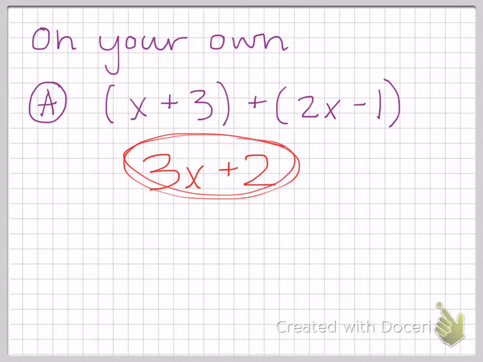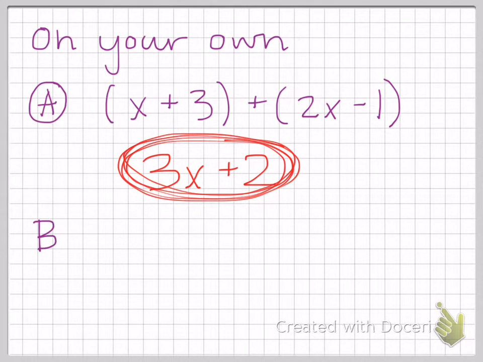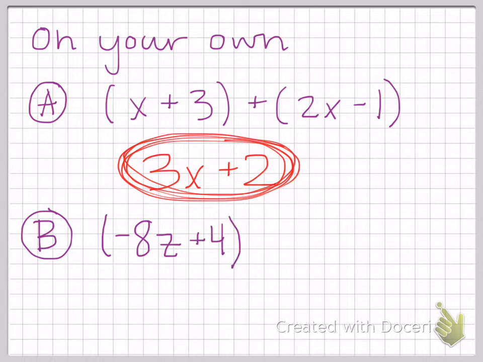Raise your hand if you got that. High five yourself if you got that. Very good. Okay, let me give you the next one. On your own, B. I want you to do, let's see, negative 8z plus 4 plus 8z minus 7.